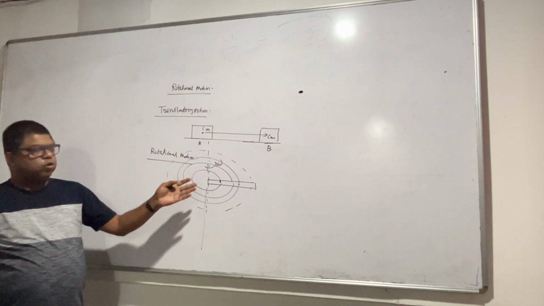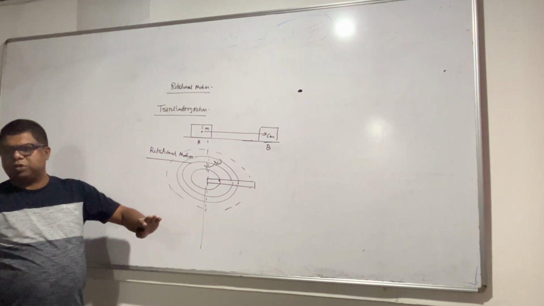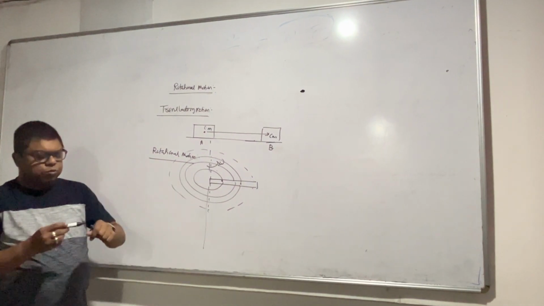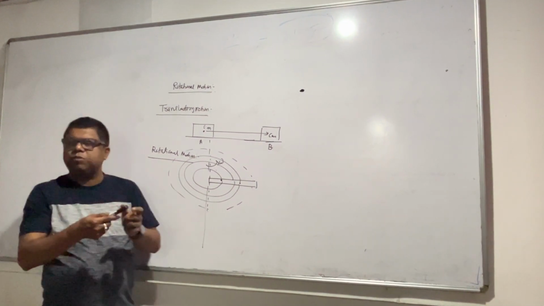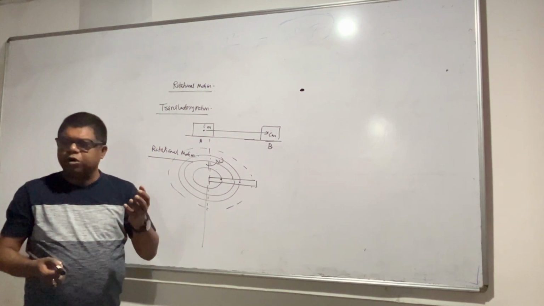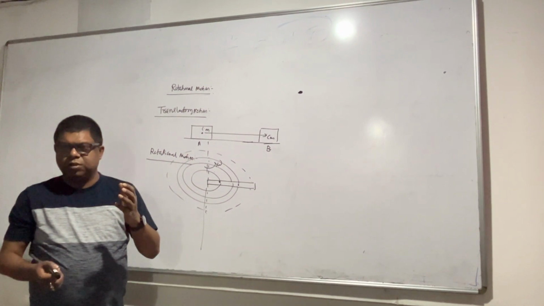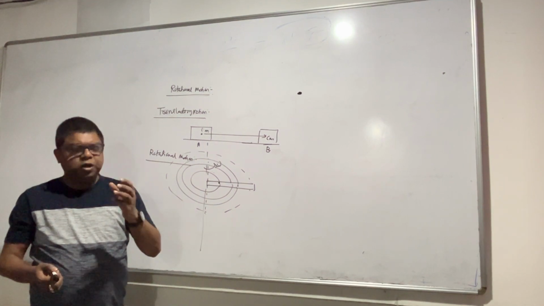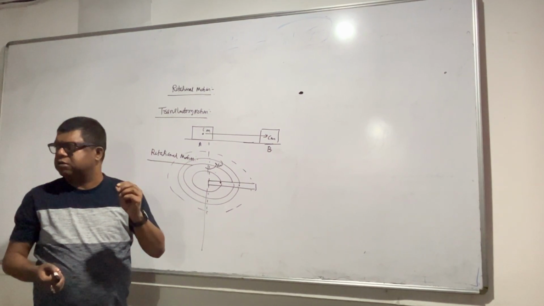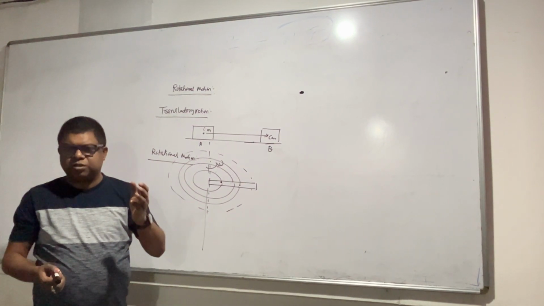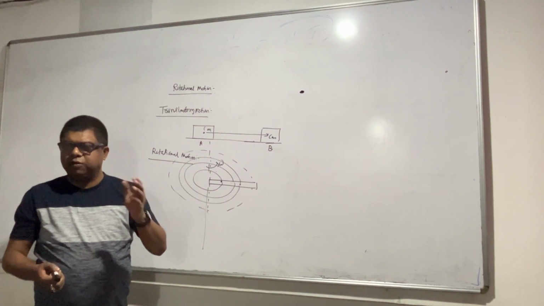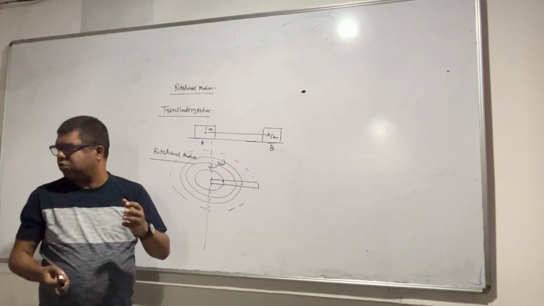So the difference between rotational motion and translatory motion: when a body makes a rotational motion, we are discussing the rigid body. Rigid body means the distance between two molecules or two particles remains unchanged even after an external force or external torque is applied.